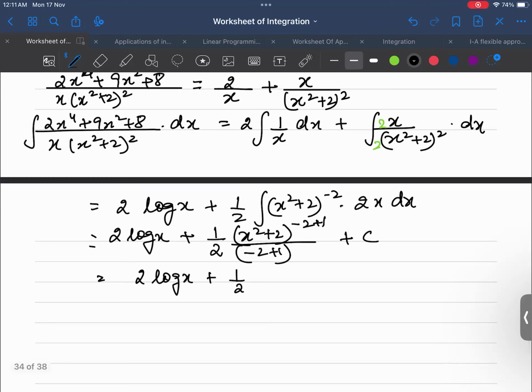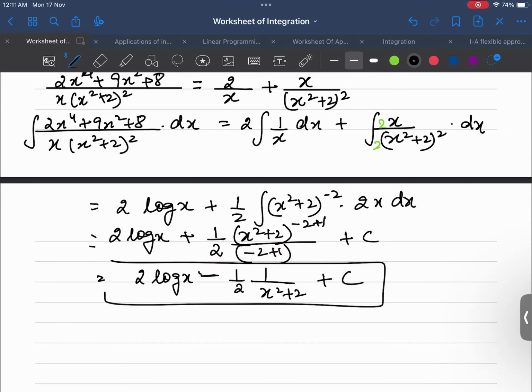Because from here we will get the minus and we'll bring it outside. It would be 1 upon x square plus 2, because it's minus 1, plus c. This will be your answer. I think it's simple and easy.